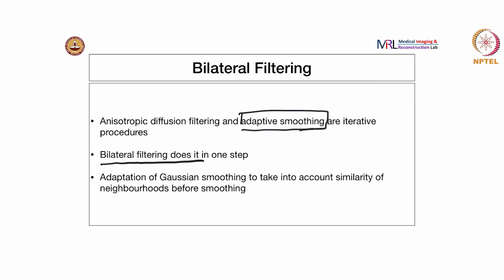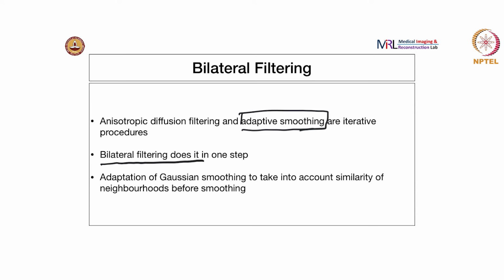What it does is basically some weighted averaging, but the weighting factor takes into account similarities of neighborhood. So what do you mean by similarity of neighborhood? Remember I told you when we do boxcar averaging, all the pixels in the neighborhood are weighted the same. But then you can put a Gaussian weighting on the neighborhood of pixels. That Gaussian weighting is a function of distance, correct?